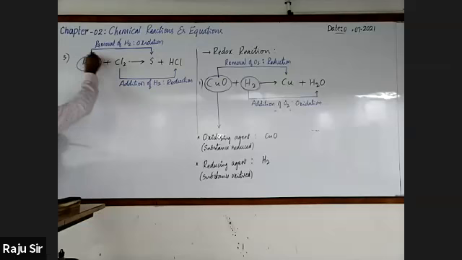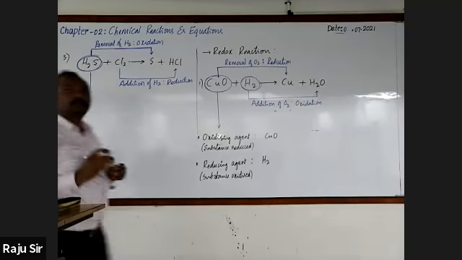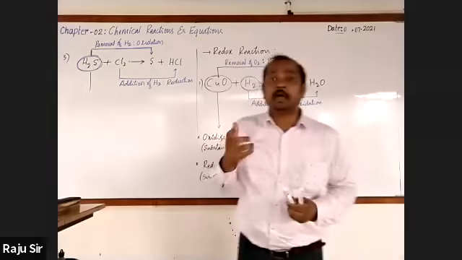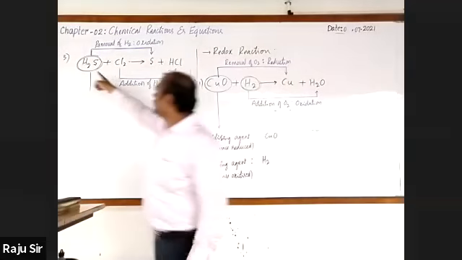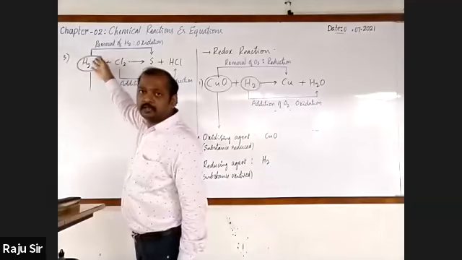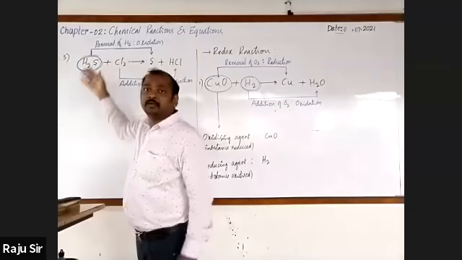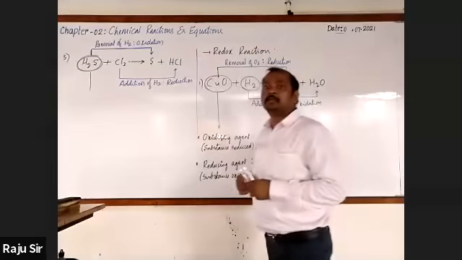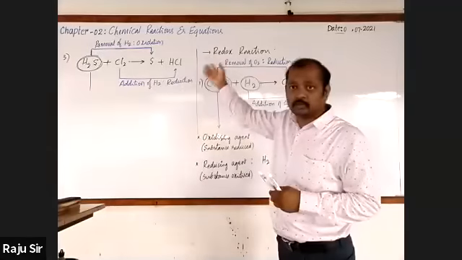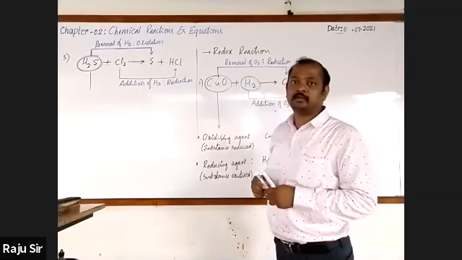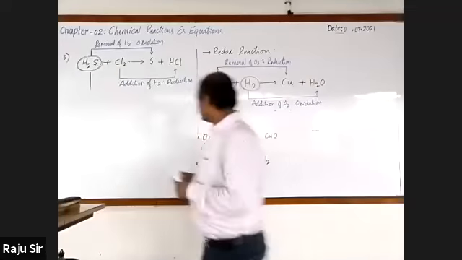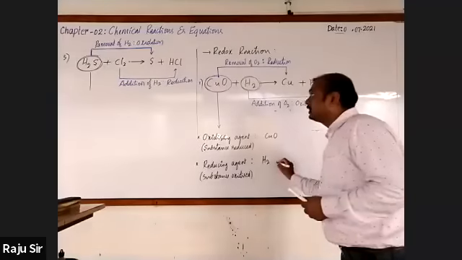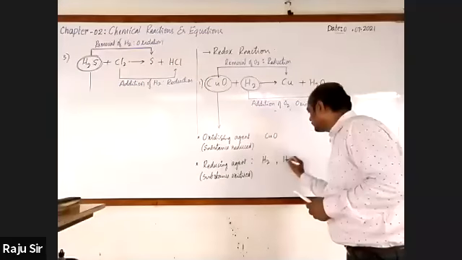Hydrogen sulfide is a compound having hydrogen, so it can give hydrogen. What do you call the substance which gives hydrogen for reduction? Reducing agent. So here I write reducing agent. In that case, it is H2S.